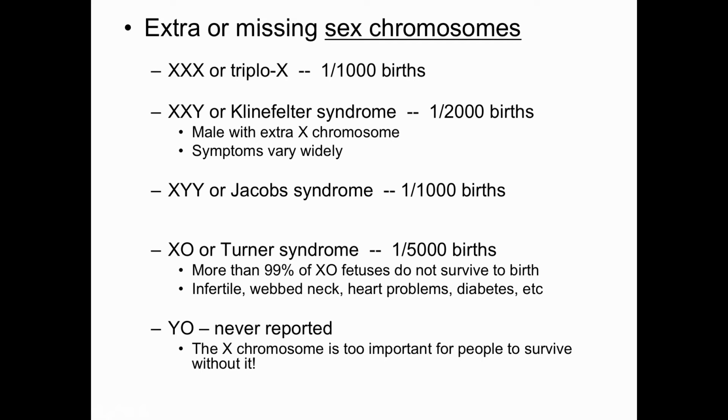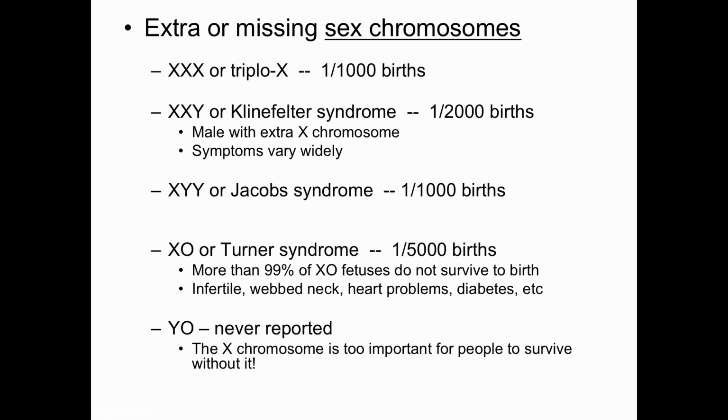With XXX, women have female sex characteristics and they're fertile, which means they're able to have children. There may be some associations with learning difficulties, learning problems, maybe some slow to develop motor skills in infants, and there might be some trouble with muscle tone.